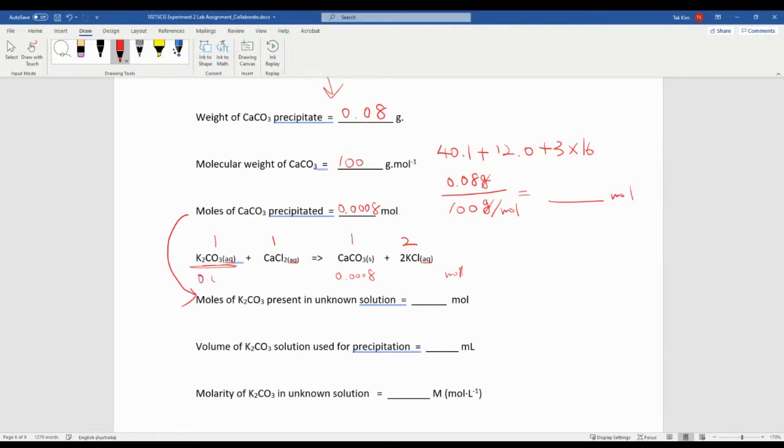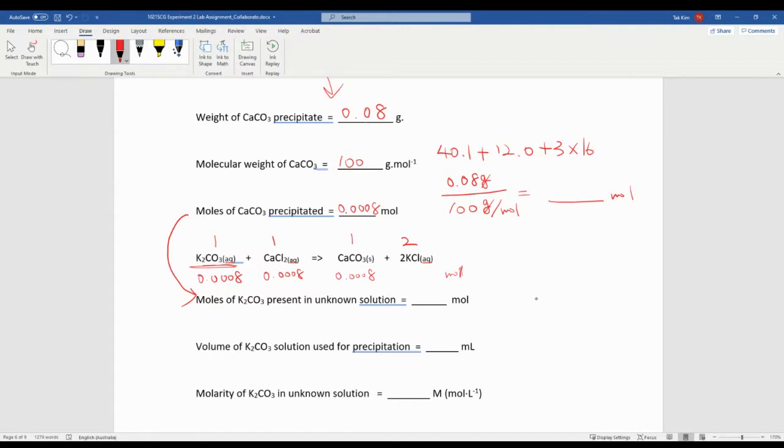So it should be 0.0008, as well as the number of moles of your calcium chloride. It should be the same as the number of moles of your potassium carbonate. But when it comes to the number of moles of potassium chloride, it should be times 2, because when you look at the stoichiometric ratio, it's a 1, 1, 1, 2 ratio.